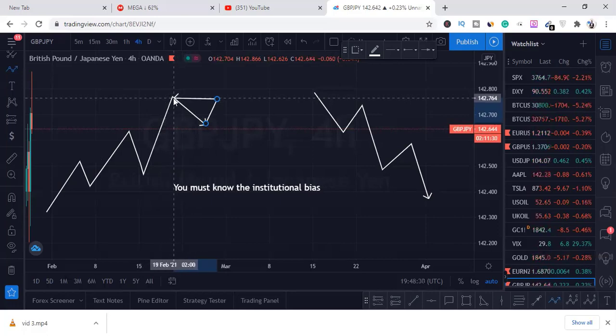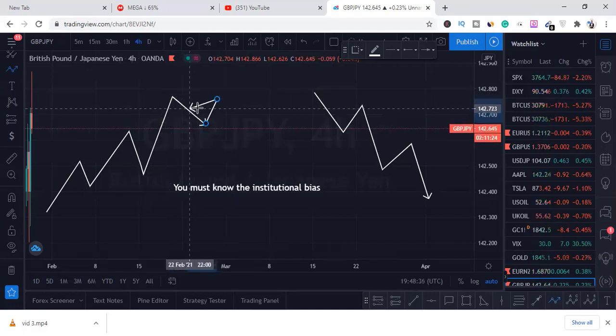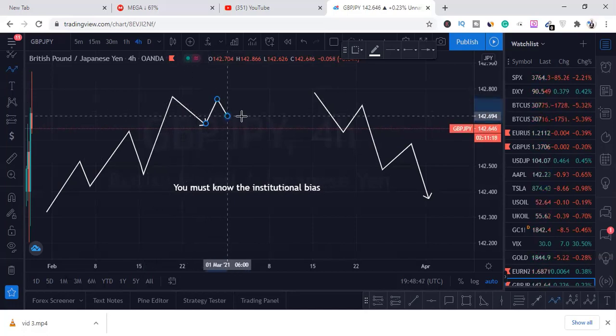It's trying to tell you that the momentum to the upside is getting weaker, right? So let's say it created an equal high and it came back to this level. This is still an uptrend.